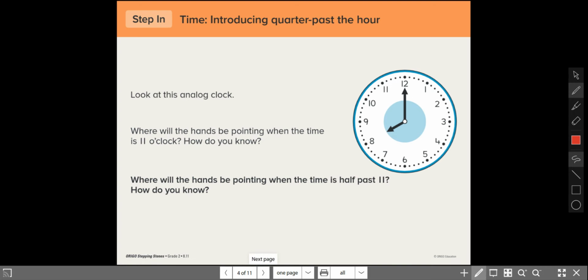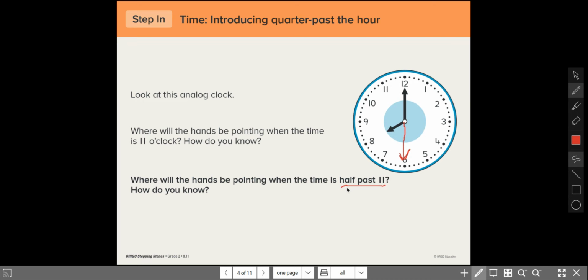Where will the hands be pointing when the time is half past 11? Okay, so let's think about this. Half past means that the minute hand has traveled halfway around the clock. So if this is a full circle here, halfway around means we're here, right? Because it's like I split this whole clock in half.